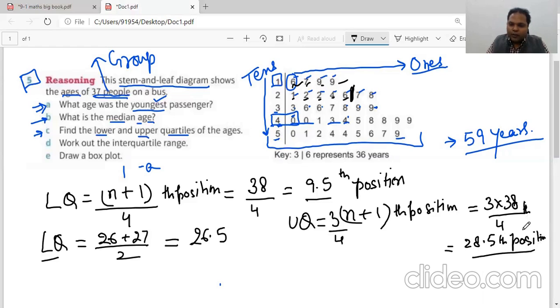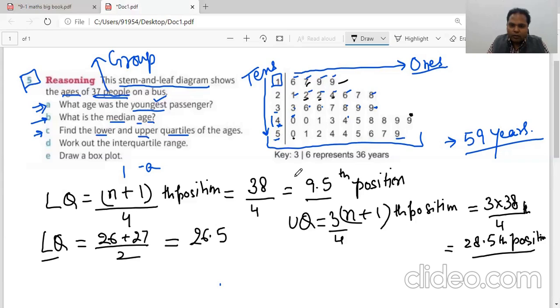So how do we find the 28.5th position? That's very simple. Again, we will simply do the counting and quickly find this out. So 4, 8, 11, 11 and 4, 15 and 3, 18 and 22, 24, 26 and 28. So 28th is this. And this is 29.